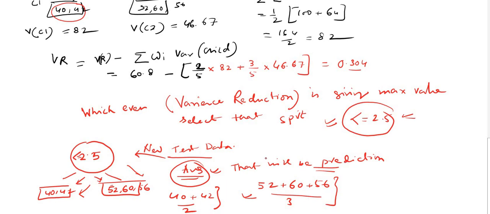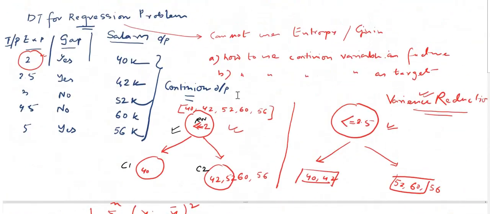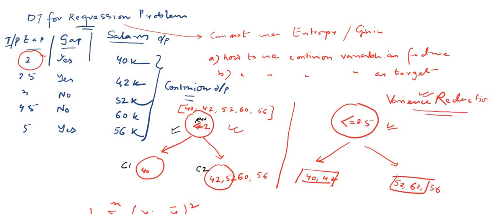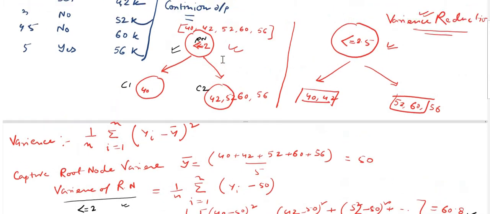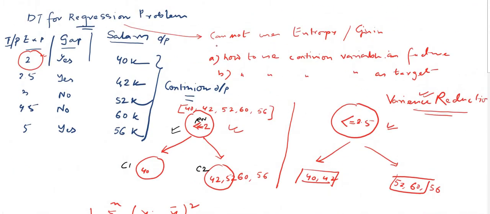So in this session, we learned two important things. What are the two important things we learned? We learned how to use the continuous variable as a feature, and how to use the continuous variable as a target.